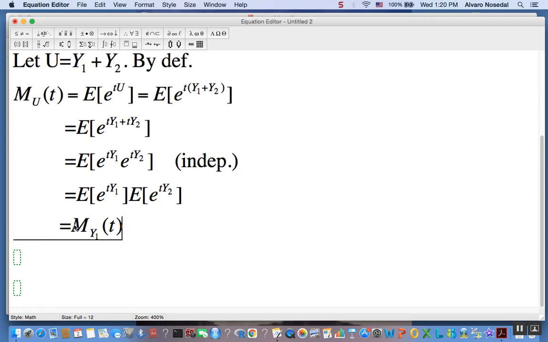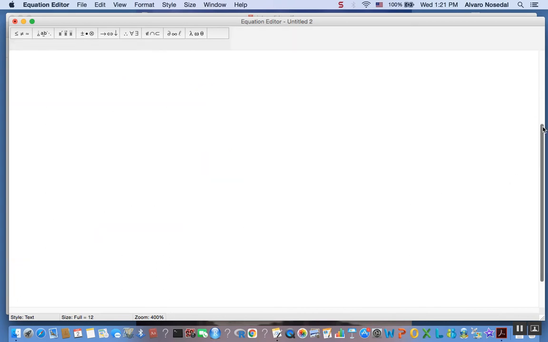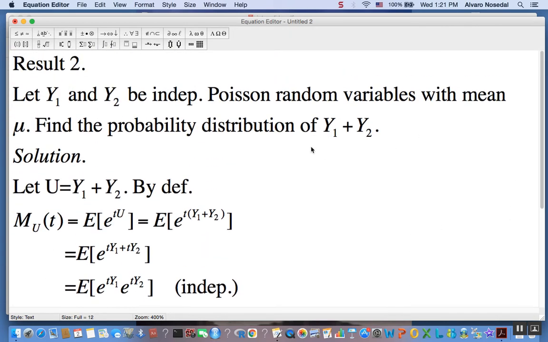That is, by definition, the MGF of Y2. And remember that Y1 and Y2 have the same distribution. They are both random variables that have a Poisson distribution with the same parameter mu.